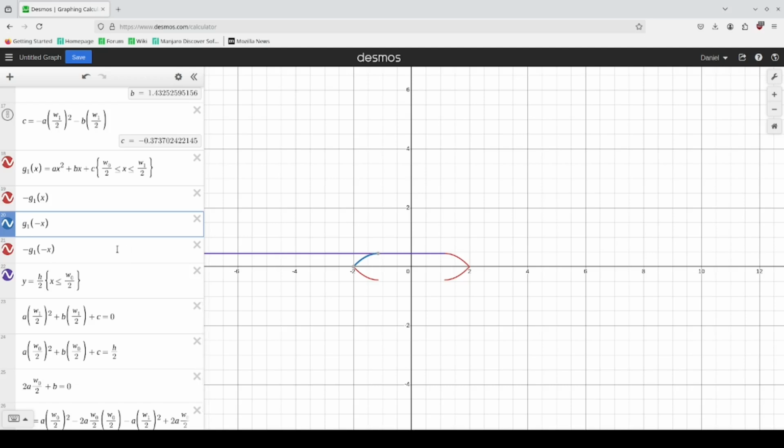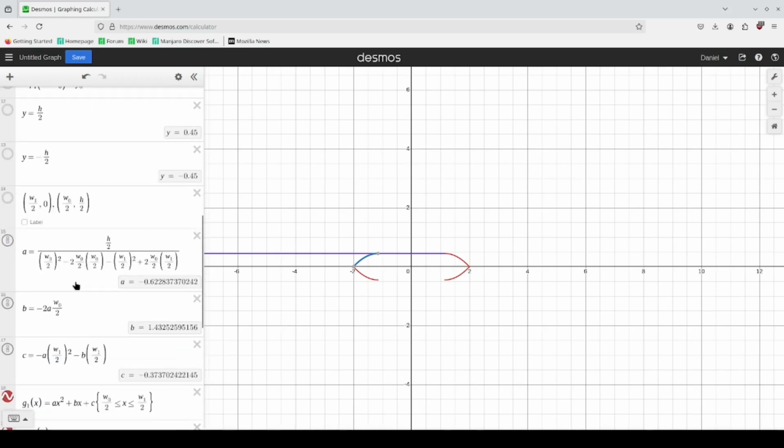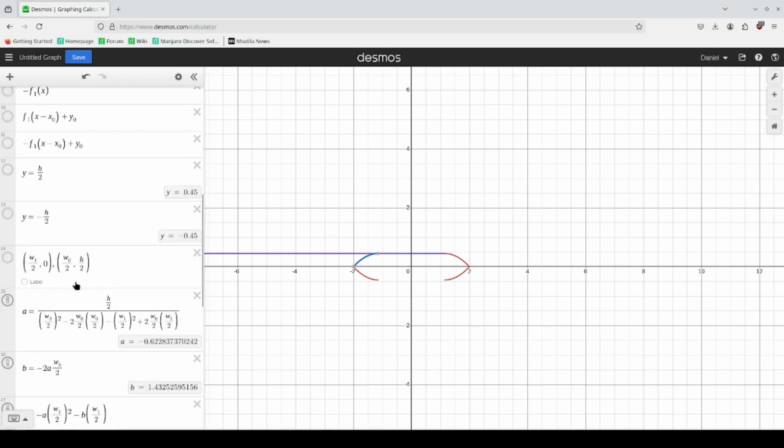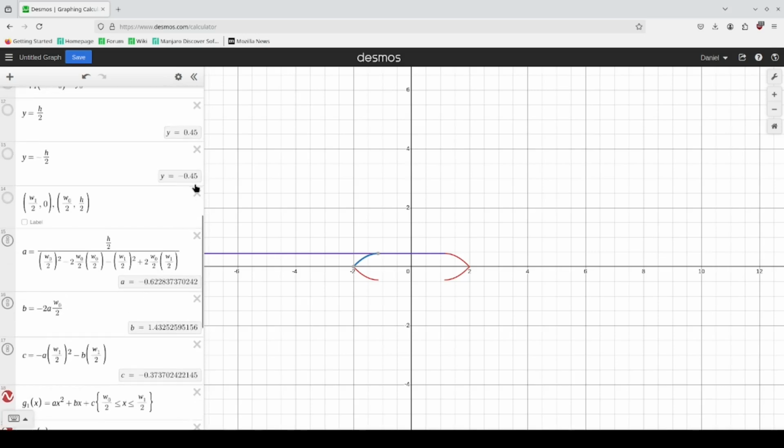Our next step now is to put this all into a piecewise function. So to do that, I want to make an f2 of x. What I suggest is, if you have this already, I'm going to delete it, but I would suggest on your graph you save it.